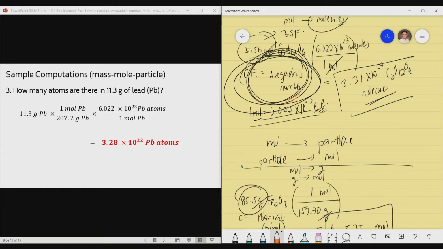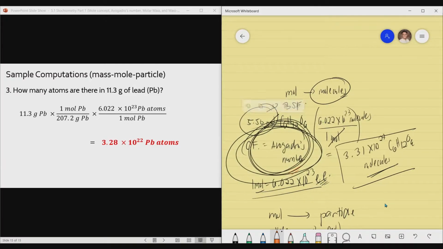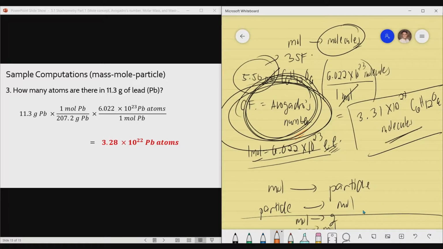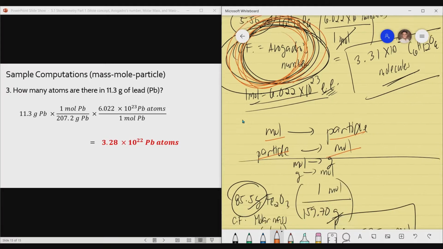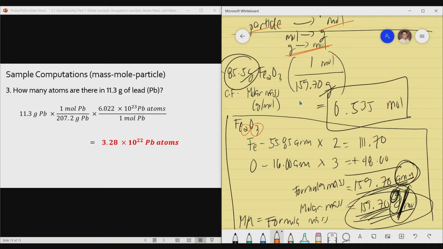If you want to convert mole to particle or particle to mole, you will use Avogadro's number. If you want to convert gram to mole or mole to gram, please use molar mass as the conversion factor.